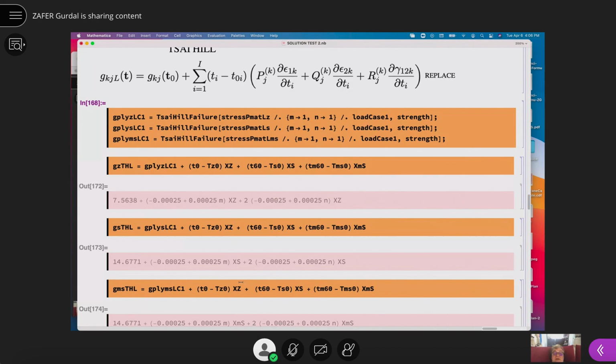So xz, xz, xz, xs, xs, xs, minus s, minus s, minus s. S seems to be right. It's not quite clear whether we'll have to actually, this is Psi-Hill number for the second ply.